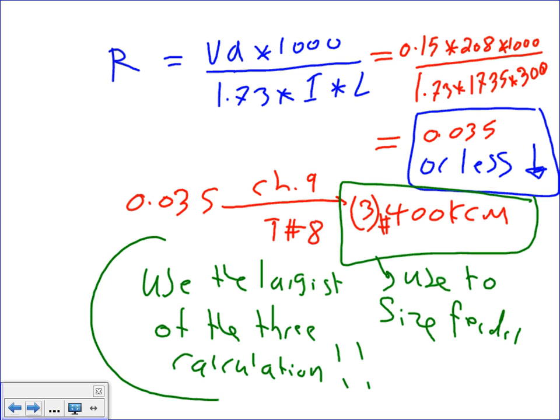You're going to use the largest of the 3 calculations. And in this case, the largest of the 3 calculations that we did ended up being 400 kcmil. Any questions, my friends?